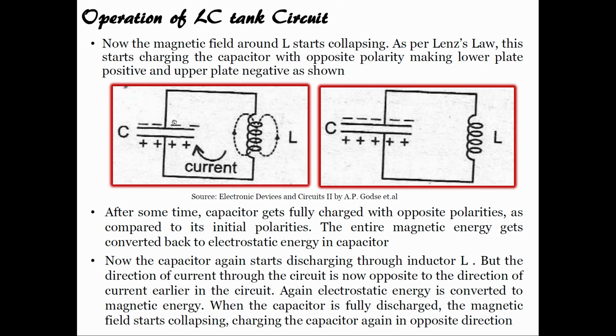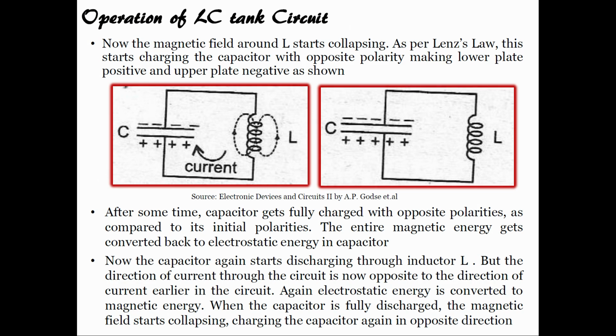After some time, when the capacitor is fully charged, it will start discharging with the opposite polarity compared to its initial polarity. Initially it was plus on the top plate, minus on the bottom plate. Now it is plus on the bottom plate, minus on the top plate.